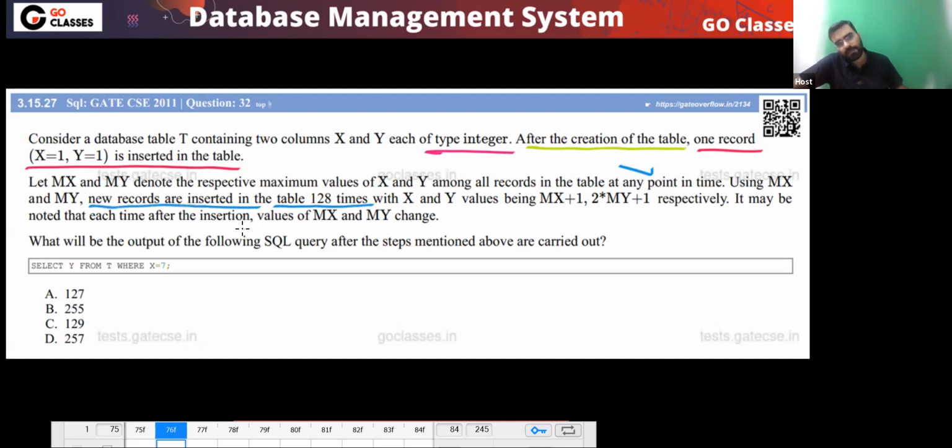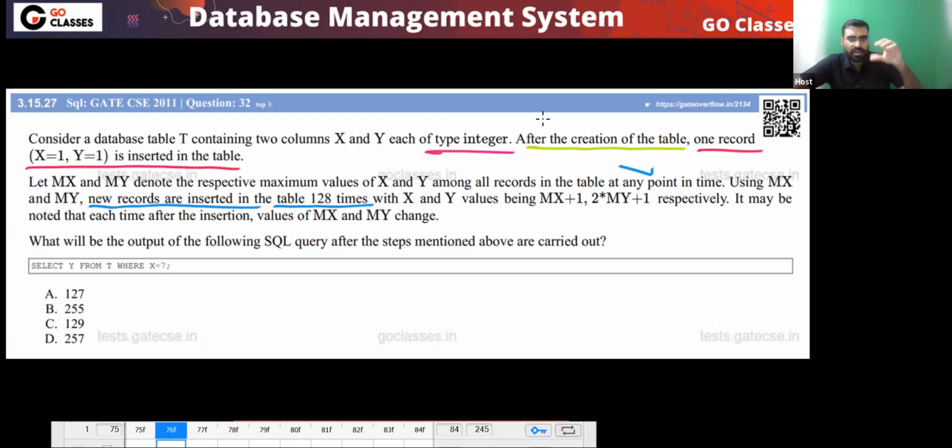Tell me, these 128 records that you are inserting, do they contain the initial record? If they contain the initial record, it means new records are only 127, right?